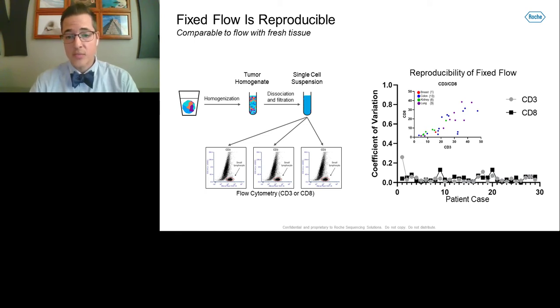In some instances, we have more CD3 than we have CD8, as you can see in the 2 blue dots on the bottom. But suffice it to say that the data that we're producing across 4 different tumor types is biologically reasonable, and as I'll show you in the next slide, pretty similar to what we get when we do flow from fresh tissue as well.